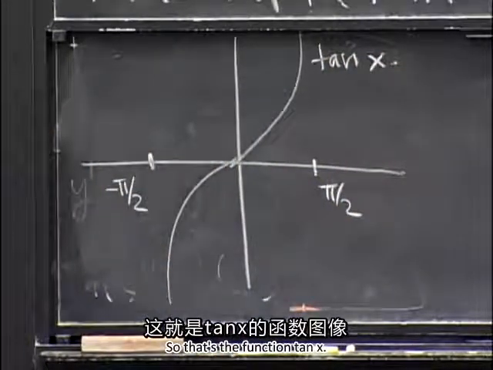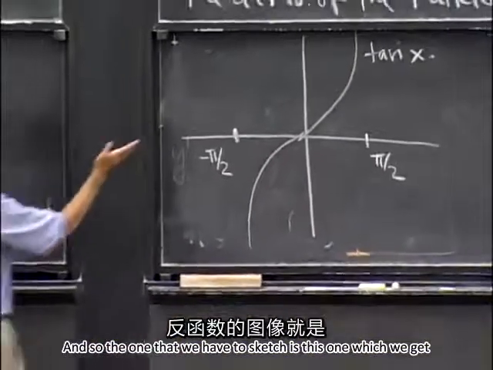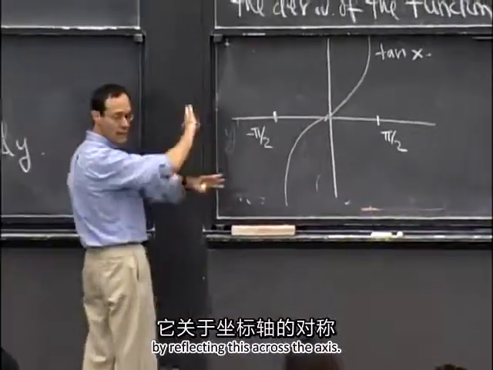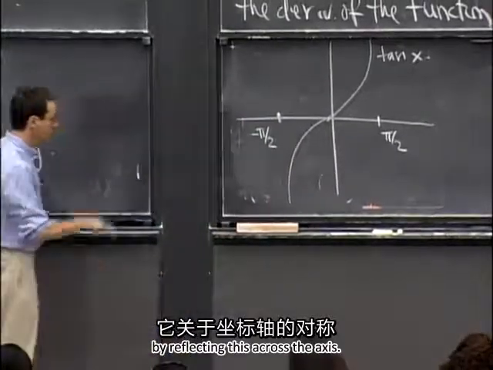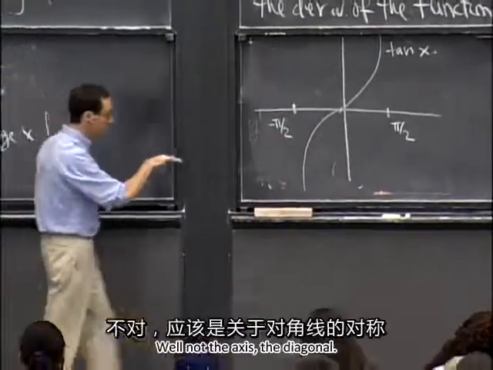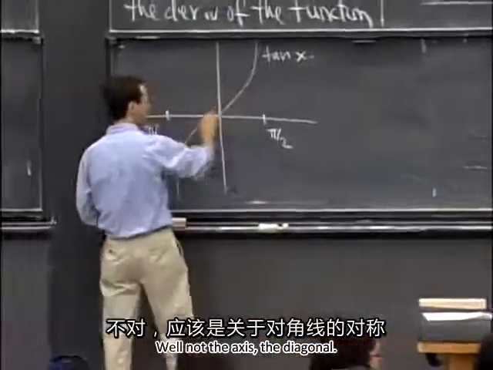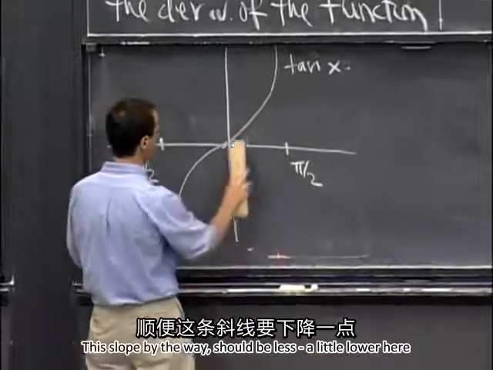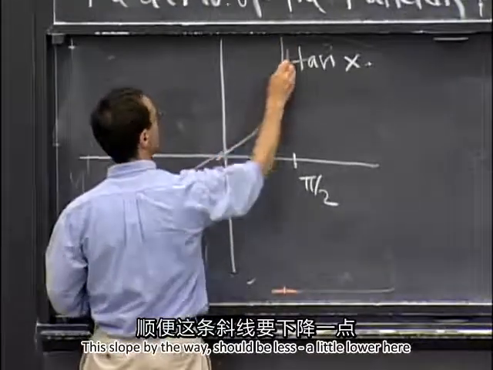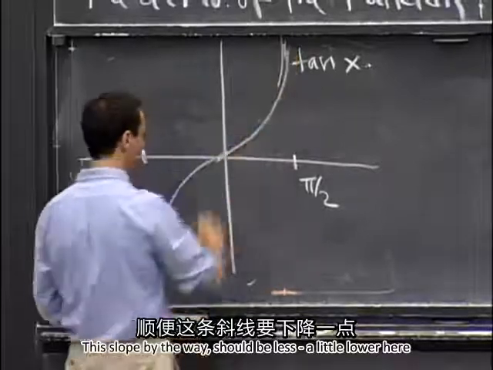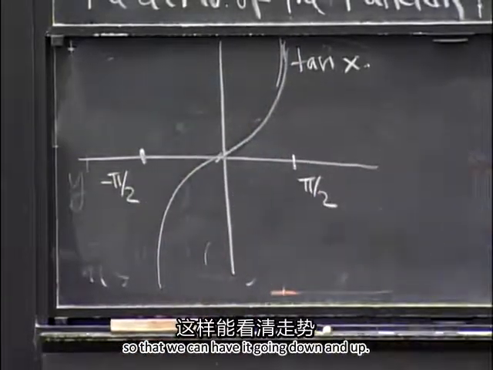Okay? And so the one that we have to sketch is this one, which we get by reflecting this across the axis. All right? So that's going to be, well, not the axis, sorry, the diagonal. This slope, by the way, should be a little lower here so that we can have it going down and up.